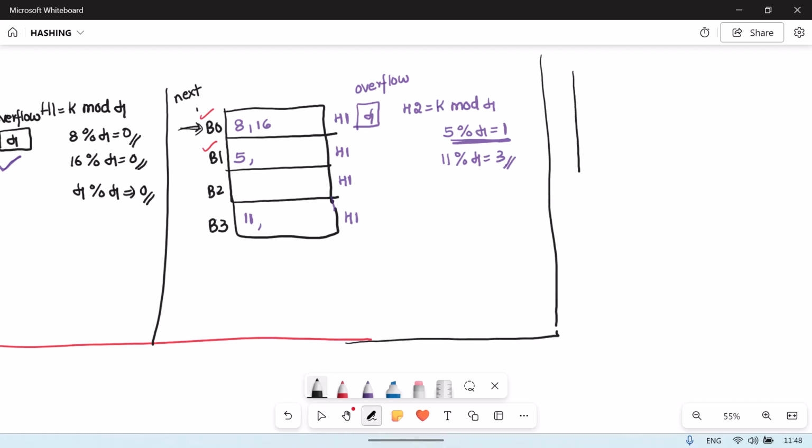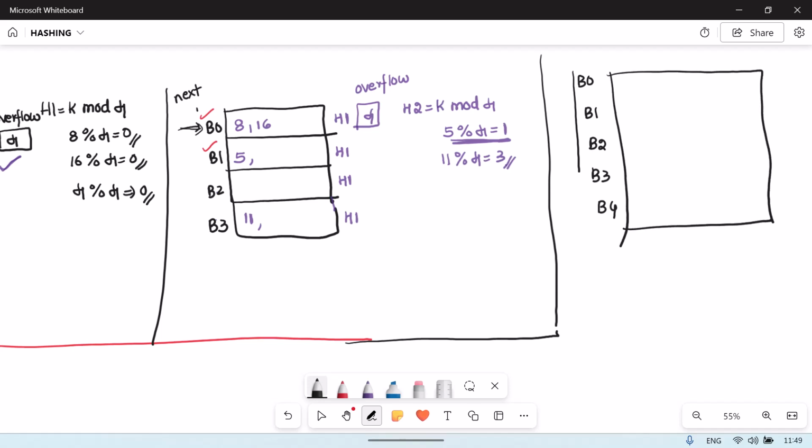So it will be B0, B1, B2, B3, and now B4 also. Like this. Now automatically next will come here.